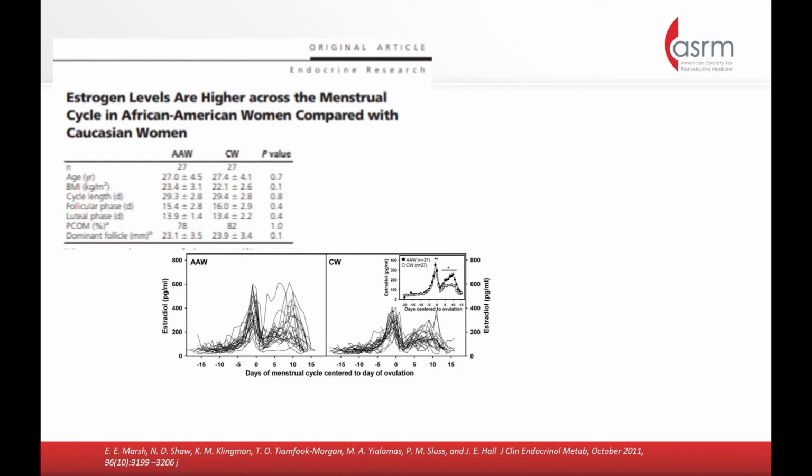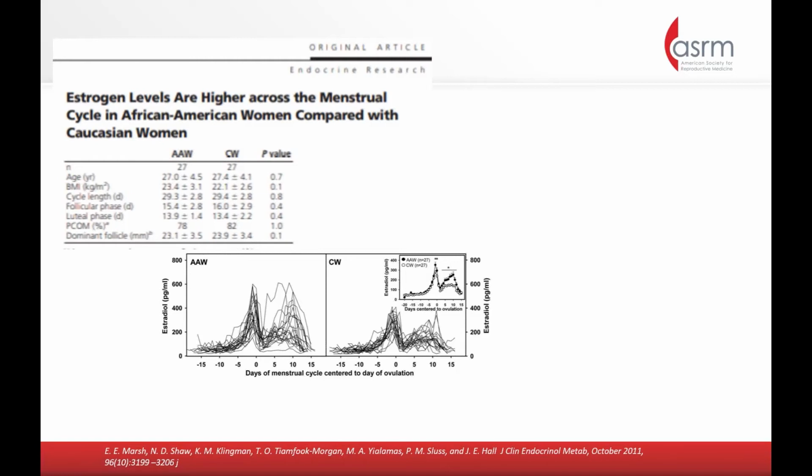And when we looked at the estradiol levels across the cycle, we saw higher levels in the African American cohort than the Caucasian cohort of women, with the African American cohort being seen here on the left and the Caucasian cohort being seen here on the right.